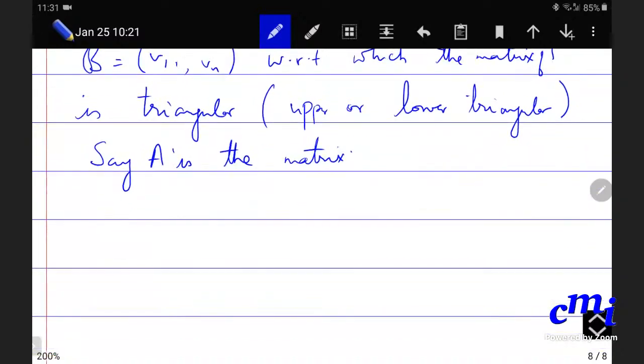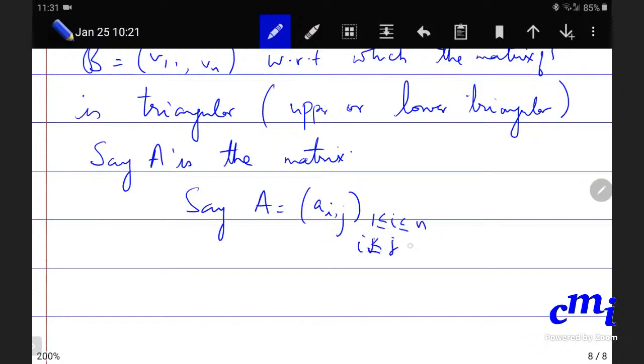So what are the entries of A? If we write A as Aij, then the index i is the rows and the index j is the columns, the usual notation.